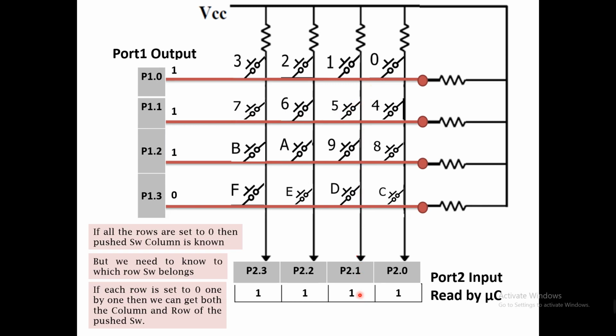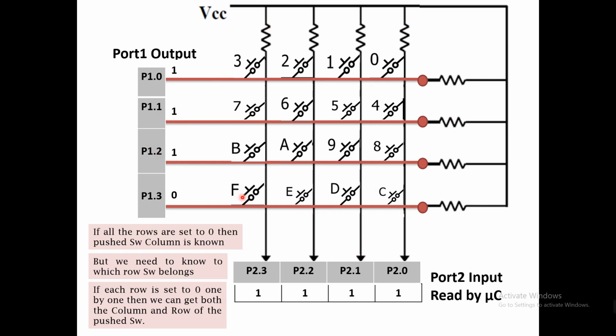Now the question is, it looks like the microcontroller will first make this one 0 and scan all the switches, and then it will make the second row 0 and scan again. For example, switch F is pressed.